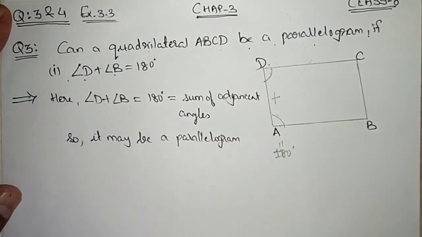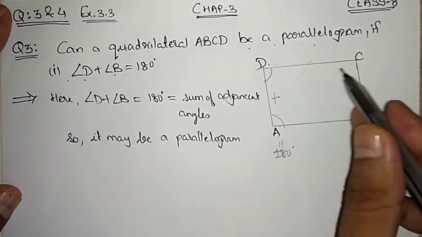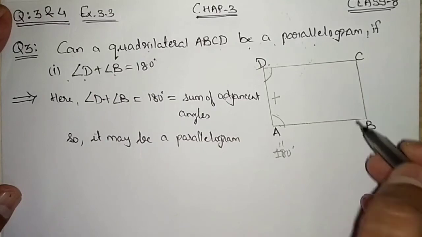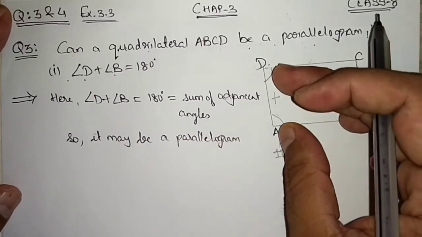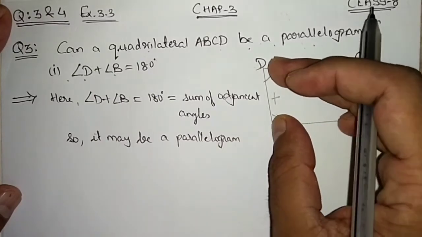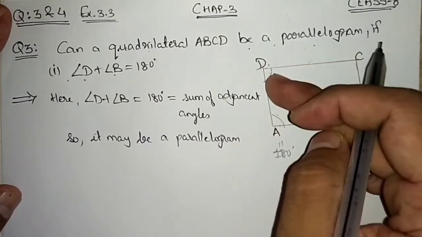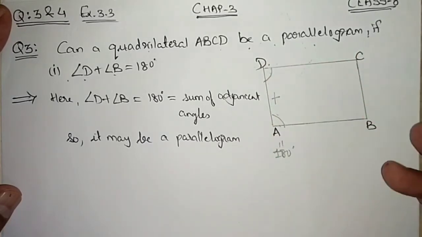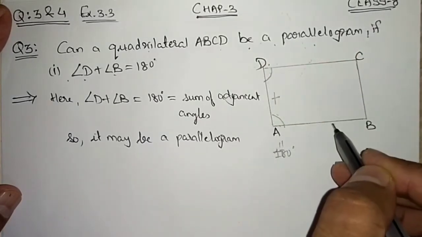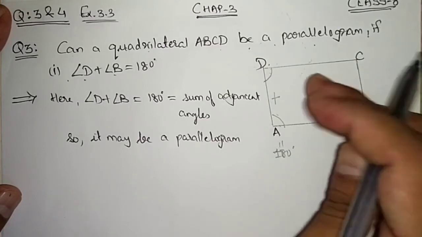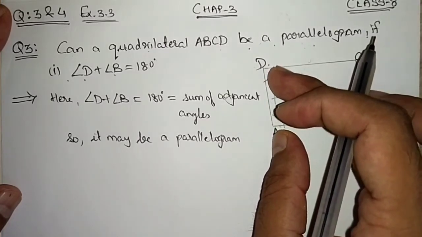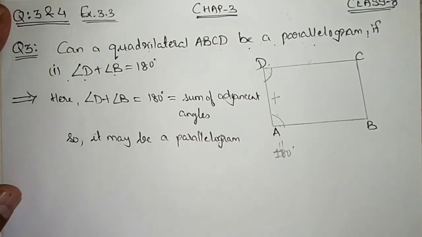Why may it be? We don't know that the sum of C and D is 180 degrees and C and B is 180 degrees. We are saying that on the basis of these angles. These are adjacent and their sum is 180 degrees. We don't know whether this is parallel.